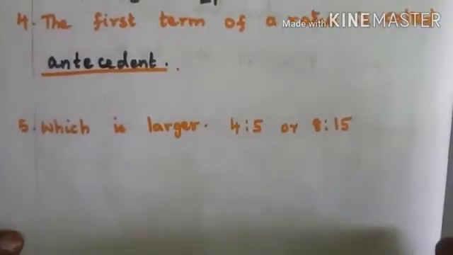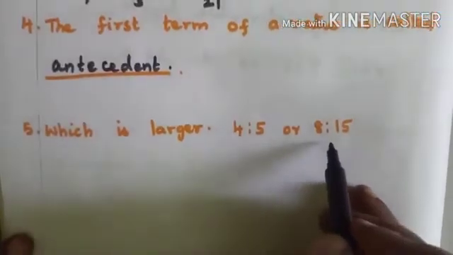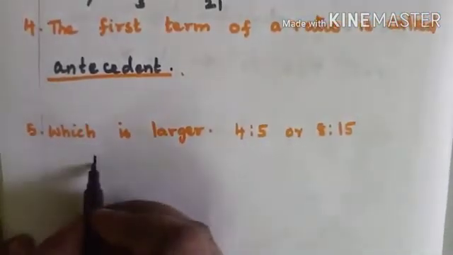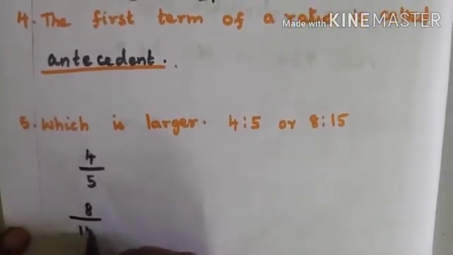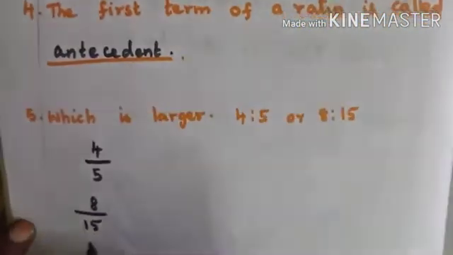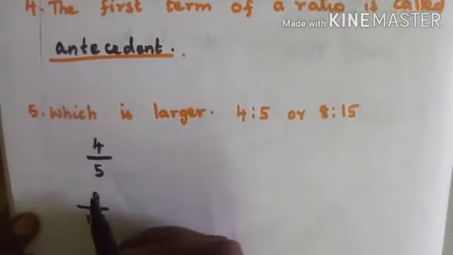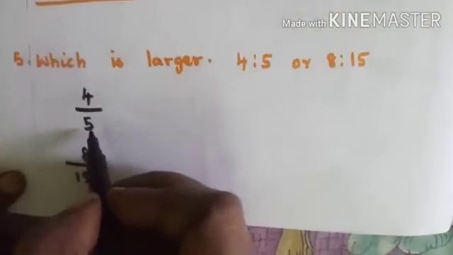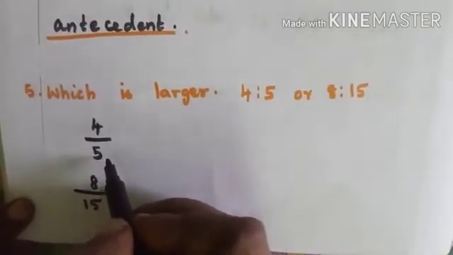Next question, fifth question, which is larger? 4 is to 5 or 8 is to 15. So, 4 by 5 and 8 by 15. See here, the denominator, here we are having 15, here we are having 5. So we can make this denominator 15 by multiplying with what?